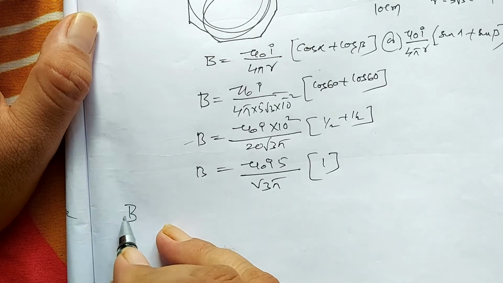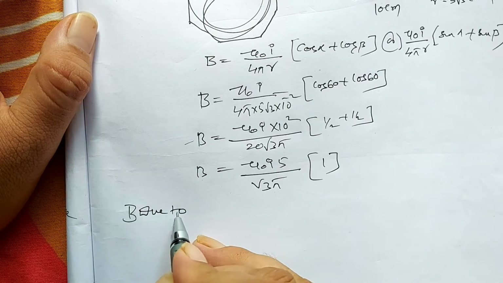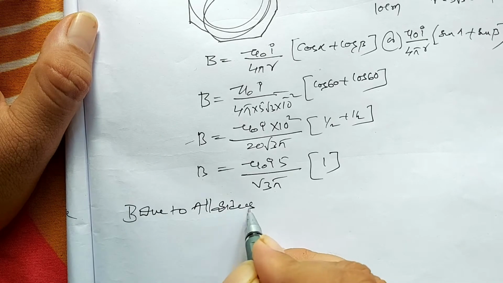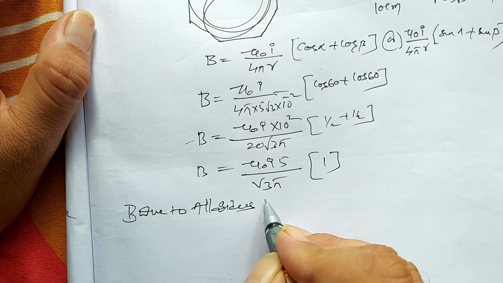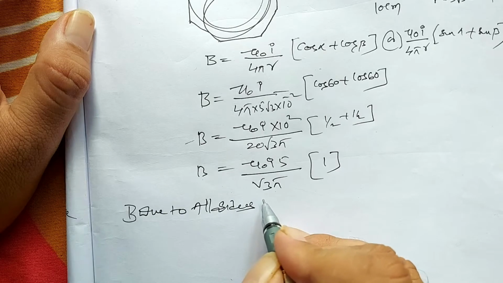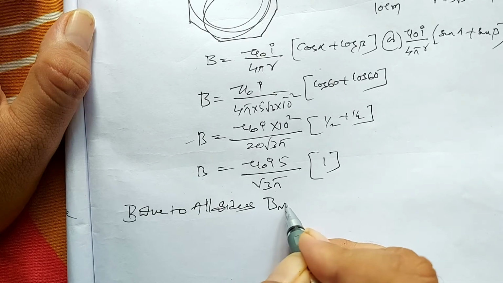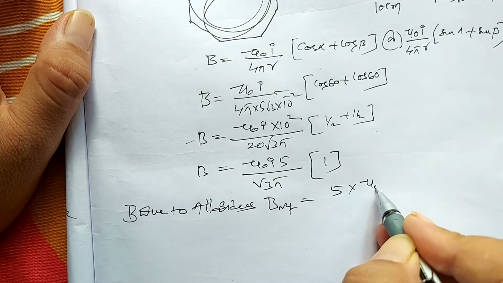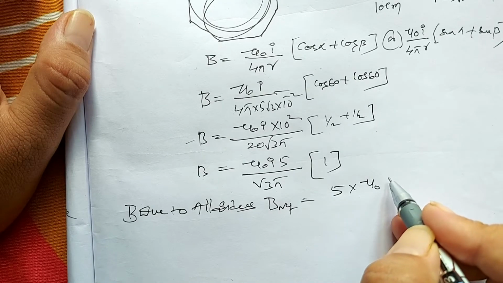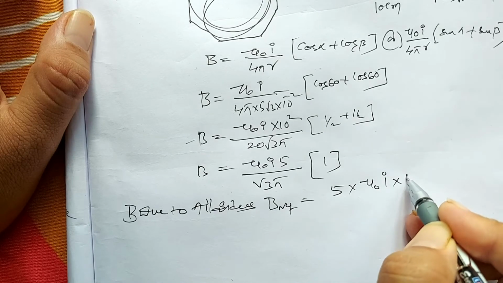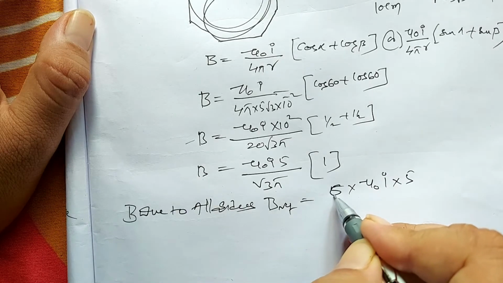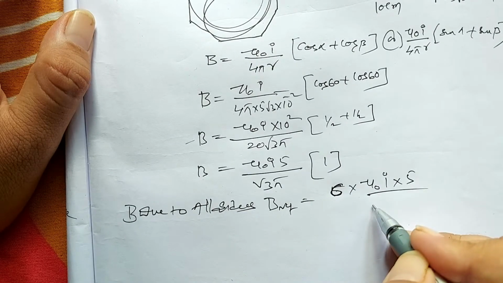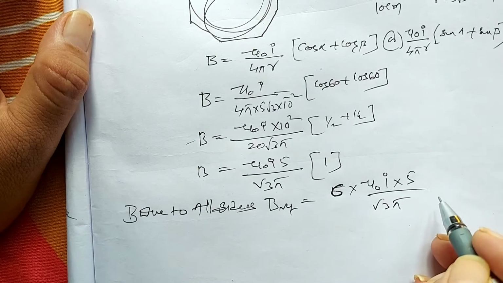B due to all sides, B net, is equal to 6 into mu naught I by 5 root 3 pi.